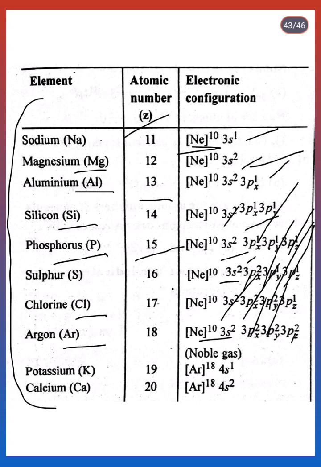Fully filled electronic configurations are called noble gases. In case of potassium, 19, that is 4s1, calcium is 20, 4s2.